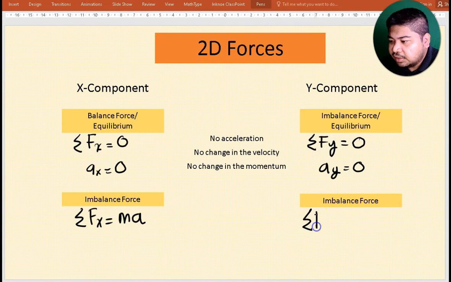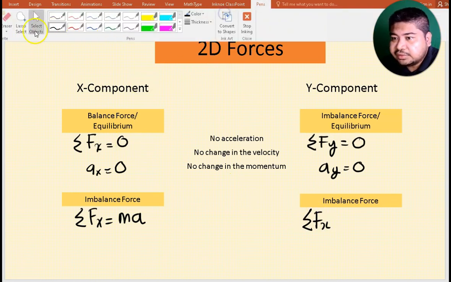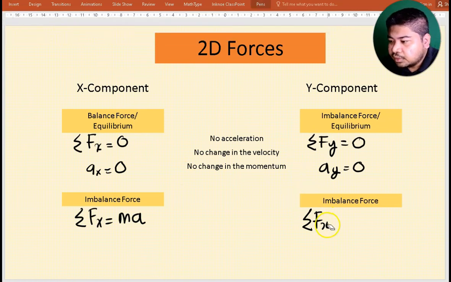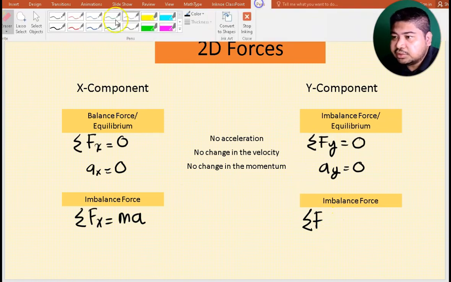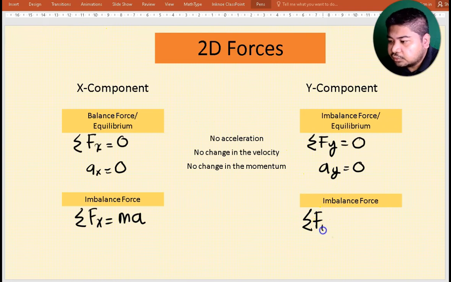If the sum of the forces in the y is not 0, the magnitude is equal to the mass of the object times the acceleration in the y. This is the acceleration in the x. So remember, in 2D forces we treat the forces separately by their components.